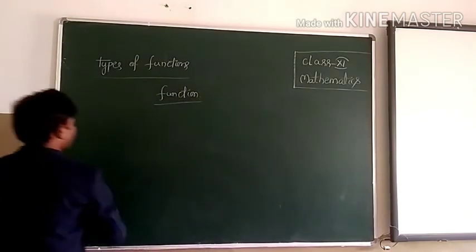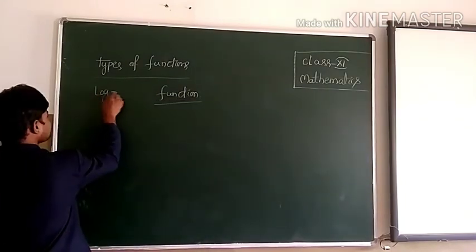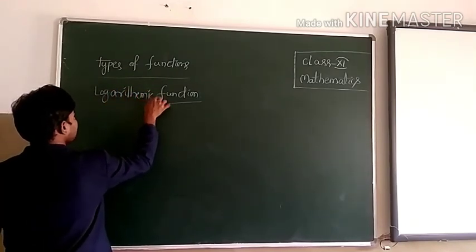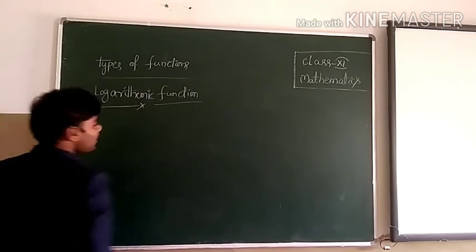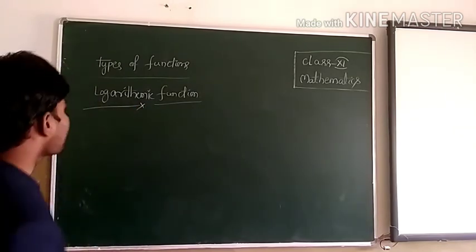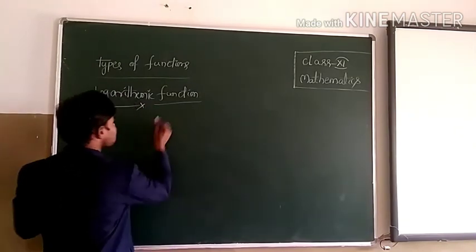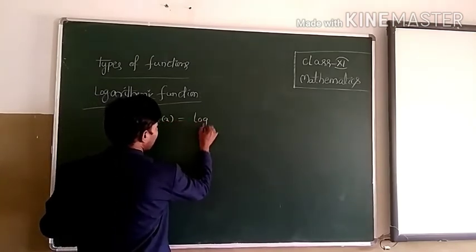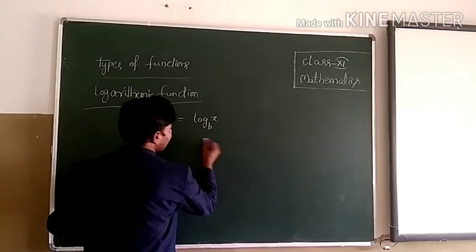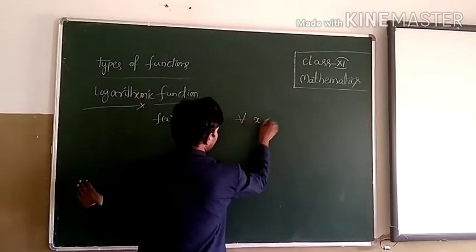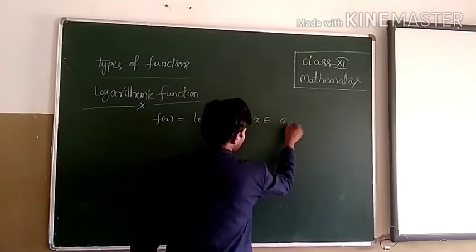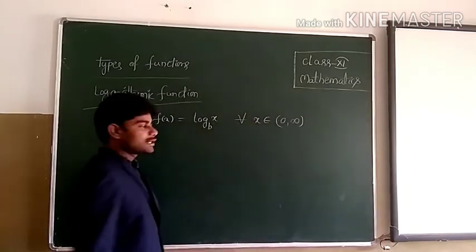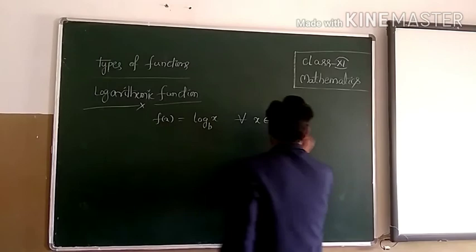It is the logarithmic function. Okay. A logarithmic function is a function defined as f of x is equal to log of x base b for all x belongs to 0 comma infinity, open brackets. Here this condition is important.